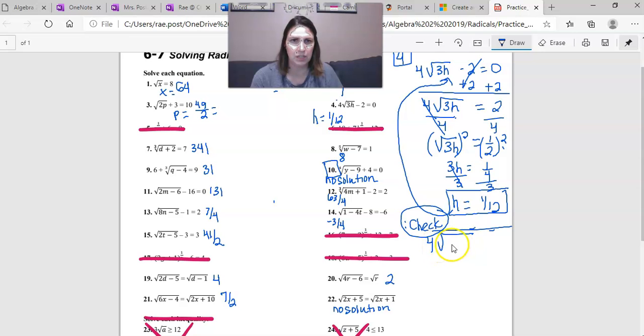So 4 times the square root of 3 times h, and our h is 1/12. Minus 2 is equal to 0. So I'm just going to simplify it like regular order of operations. So we'll have 4 times, what's inside here? 3 times 1/12. That should give us 3/12. You could simplify that. Minus 2 equals 0.